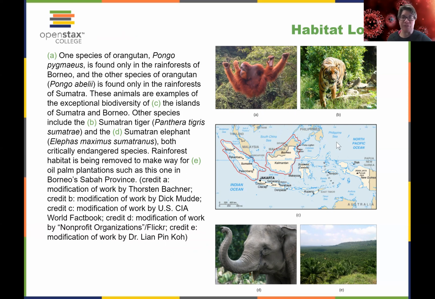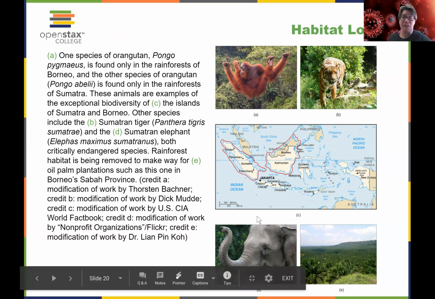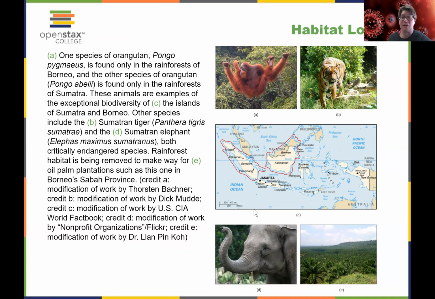And then another species is only found in the rainforests of Sumatra, which are over here on this side. So we need to make sure that we're protecting these organisms because this is the only place they live. Same thing with the Sumatran tiger and the Sumatran elephant. They're critically endangered. They only live there. If we lose them there, they'll be gone.